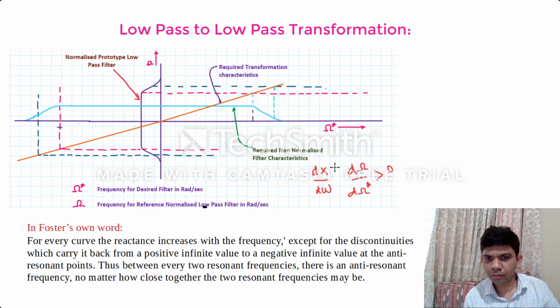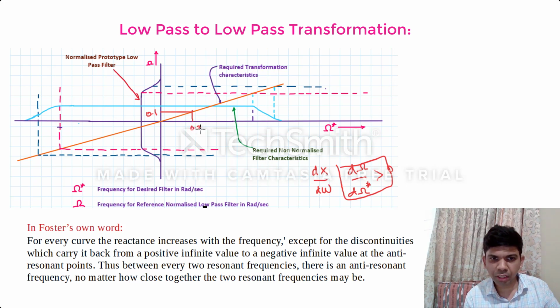So let us check it. I am taking a point here, say omega is 0.1 at this point, and omega star at the same point is 0.3.